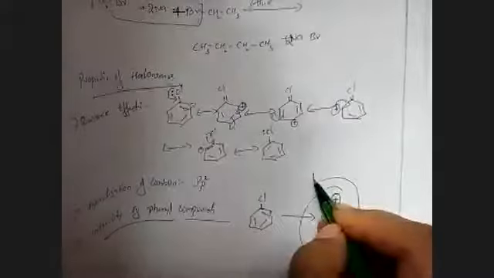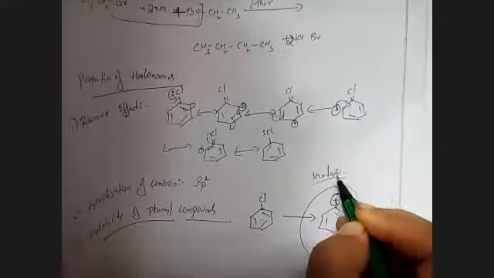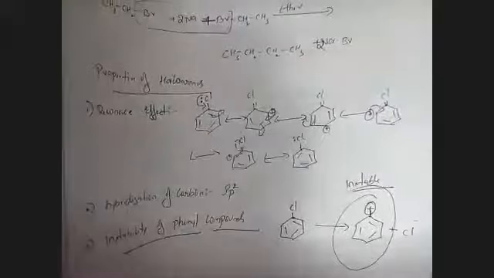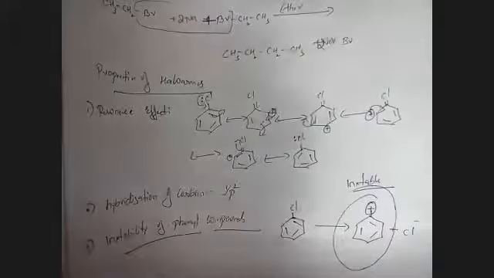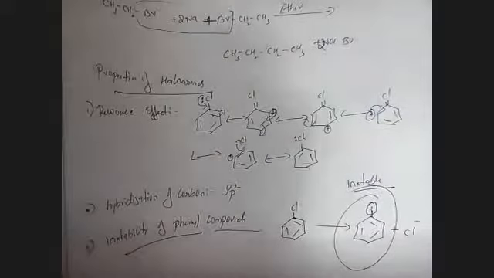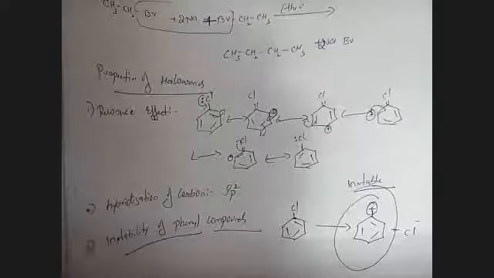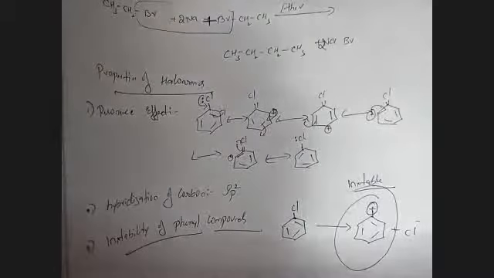This is the instability when the benzene ring attains a positive charge. When the benzene ring gets a positive charge, it becomes unstable. That is called an unstable carbocationic benzene.